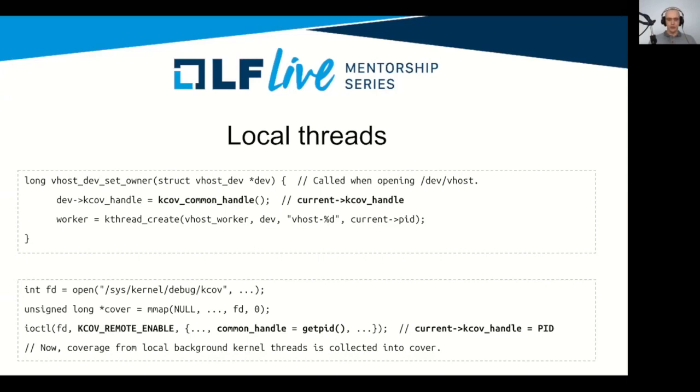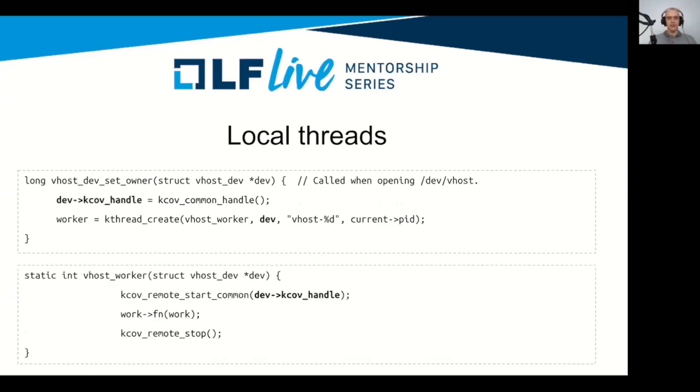So what we do here, we take the KCOV handle and we pass it through dev. And then inside the implementation of the thread, we take the handle that we passed and we call KCOV remote start and KCOV remote stop. So this way, we can pass a common handle from a single KCOV remote enable call and collect coverage from all the local threads that have been previously annotated.